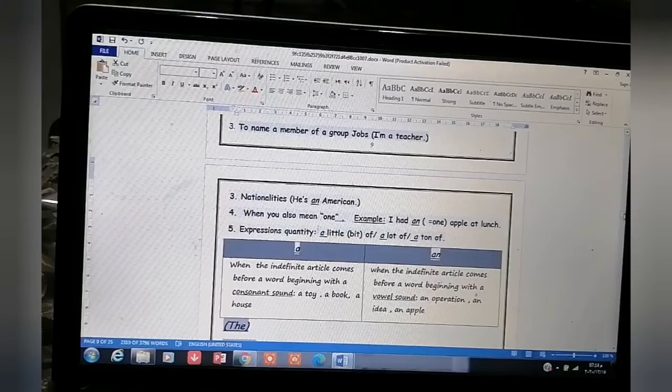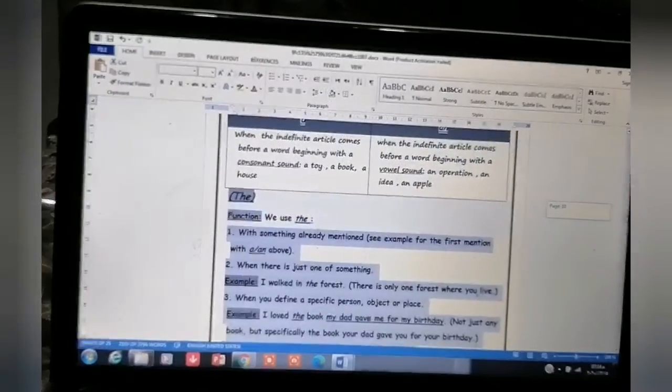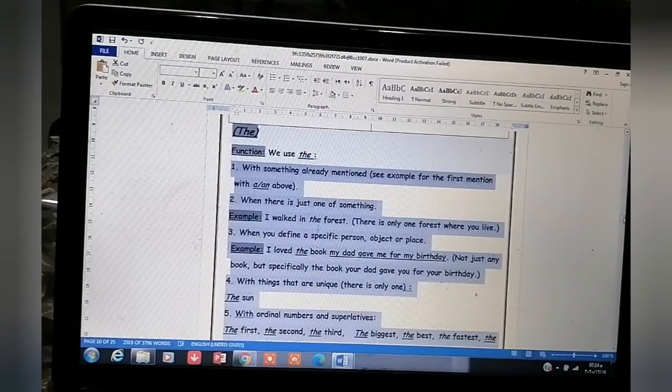Now let's move to the. The function of the. We use the, number 1, with something already mentioned. See the example that we mentioned before. For the first mention we use a and an. When I say, for example, I saw a girl, the girl was my friend, okay? Number 2, when there is just one of something.